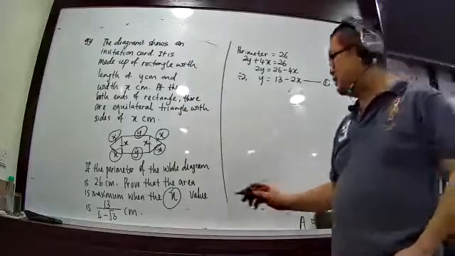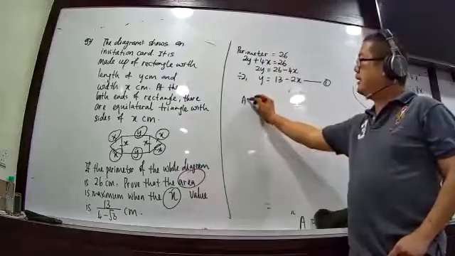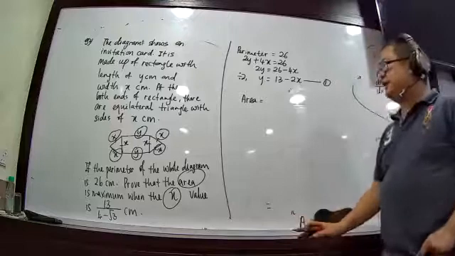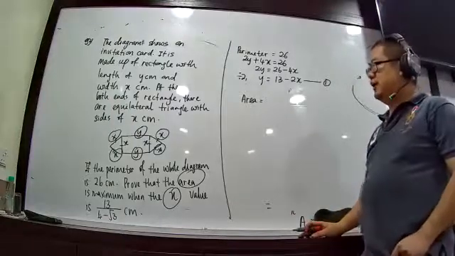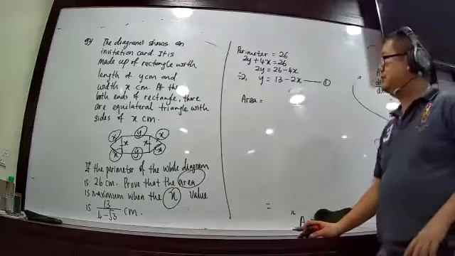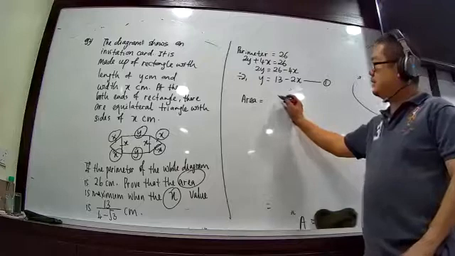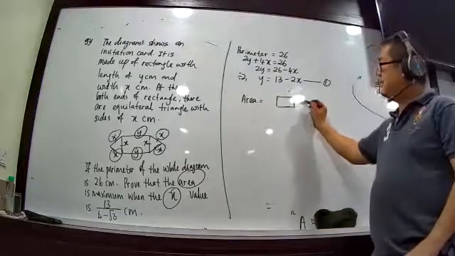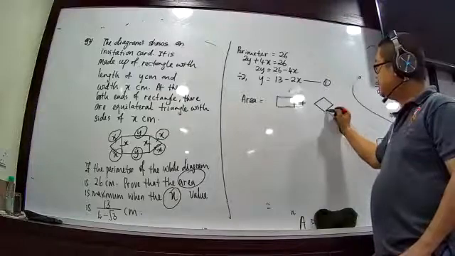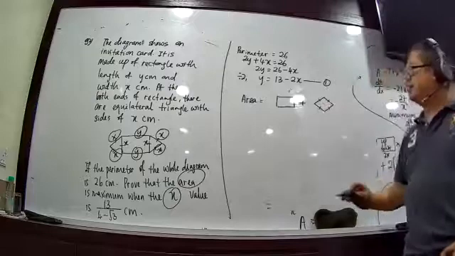Because they show you that the area is maximum, we need to find the area. When you want to find the area, how? This one is a rectangle plus the triangles, like this.